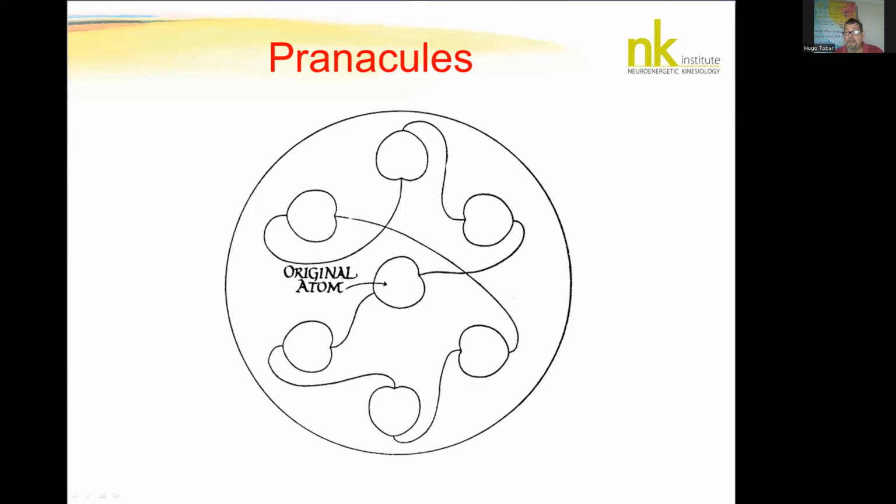Then we can start formatting molecules on the different planes. There could be mineral pranacules, fatty acid pranacules, etc. The kinds of molecules we have on the physical would be a reflection of the ones that we have on the pranic levels. So that's kind of interesting.